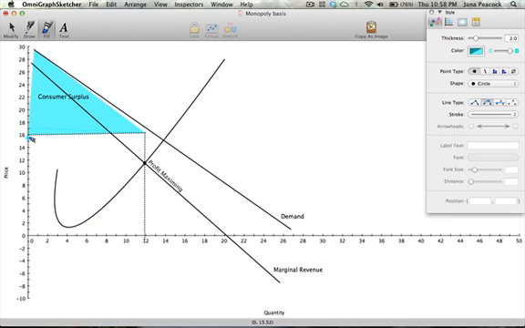So these are the producers that feel that they got a really good deal because they were willing to sell for below market price, but fortunately for them, they didn't have to.